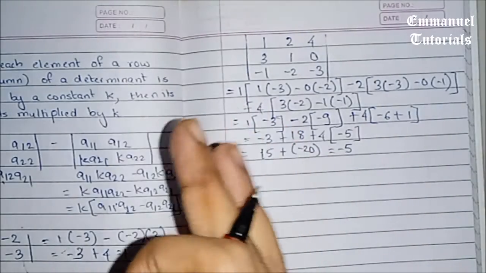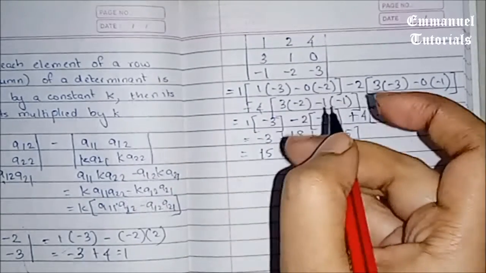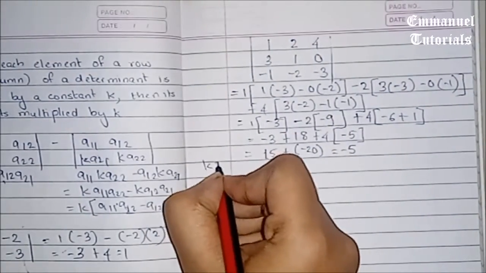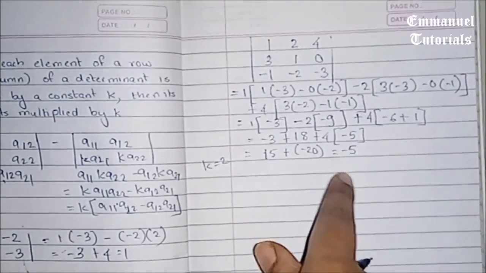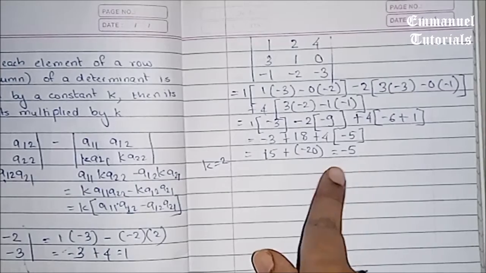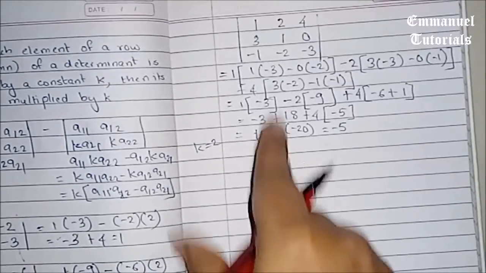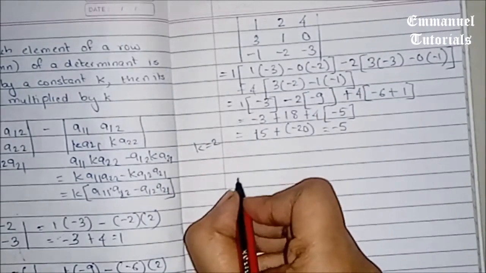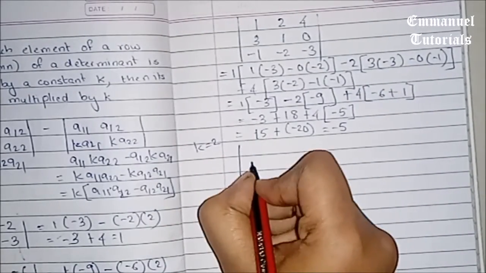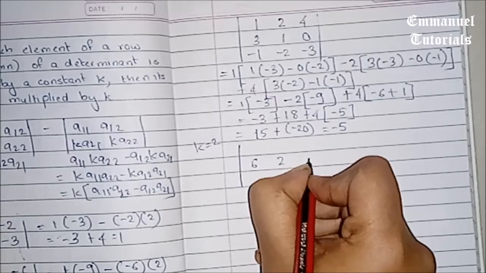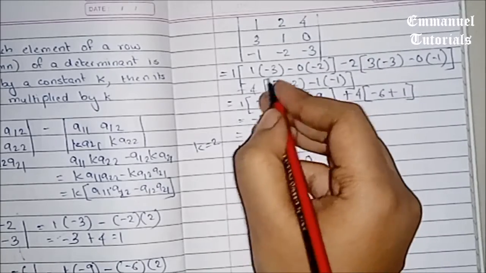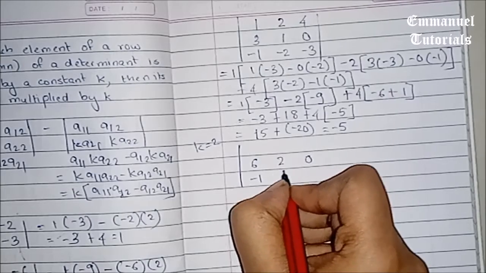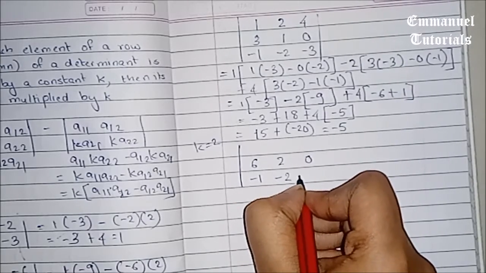Now we'll again try to multiply by a constant. Here we'll take the constant as 2, k is 2, and according to that our answer should be minus 10. So we'll multiply the second row by 2, and the third row will be as it is because we have to change just one row.